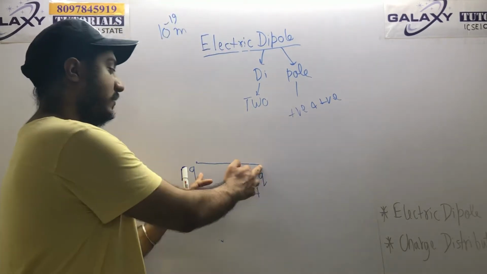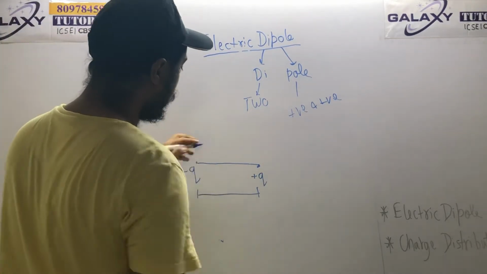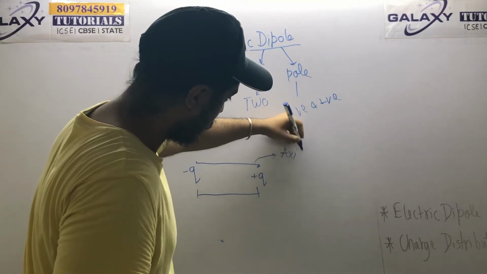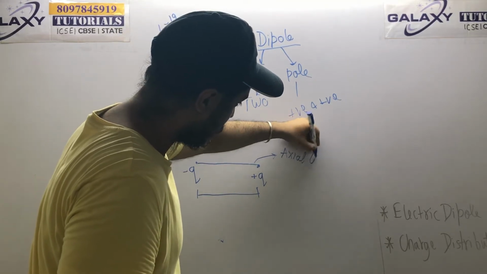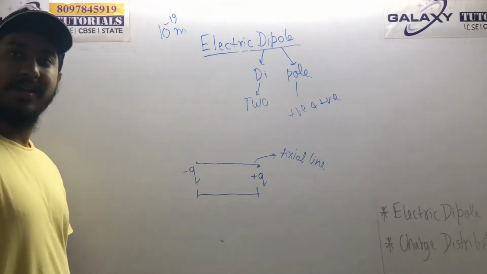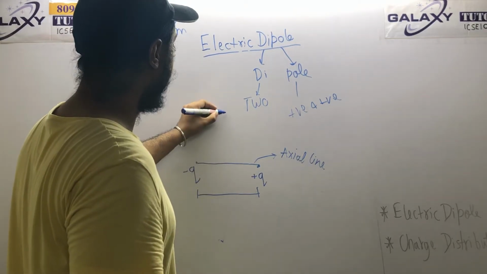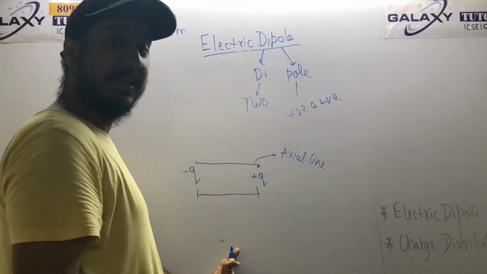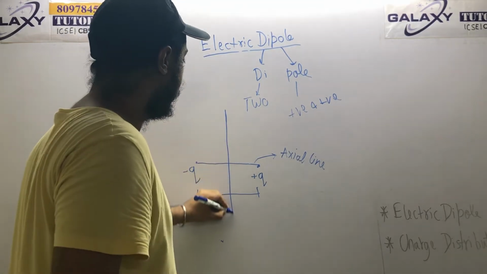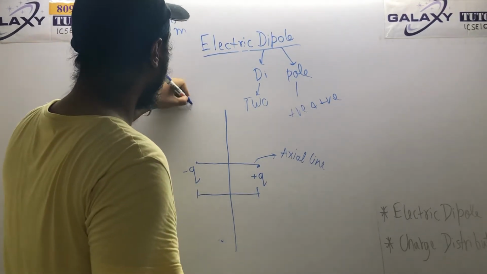The line that is joining these two charges is known as the axial line. And the line that is passing perpendicularly through the center of this axial line, like this, is known as the equatorial line.